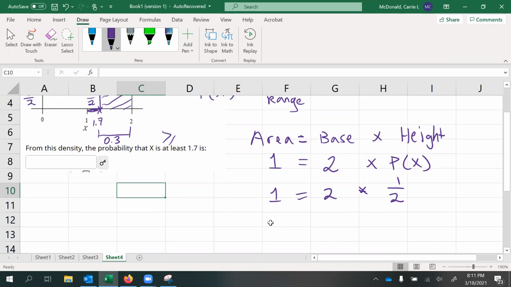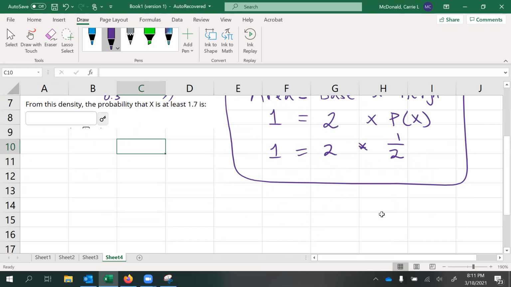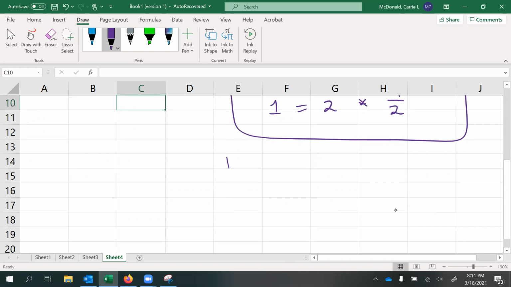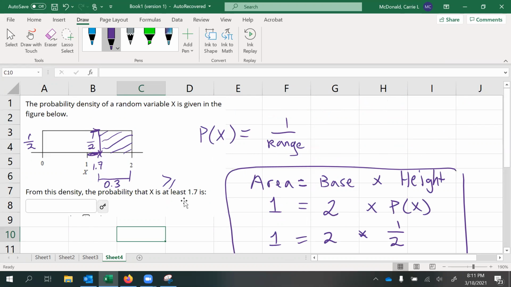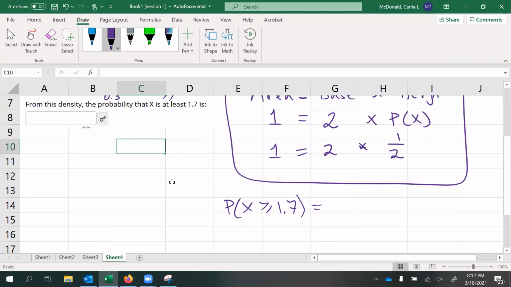So the area of the big rectangle is represented here, but the area of the smaller region that represents the answer to our question, the probability that x is greater than or equal to 1.7, we had a base of 0.3 and a height of 1/2. So base of 0.3 times 1/2, or times 0.5, or half of 0.3, is 0.15.